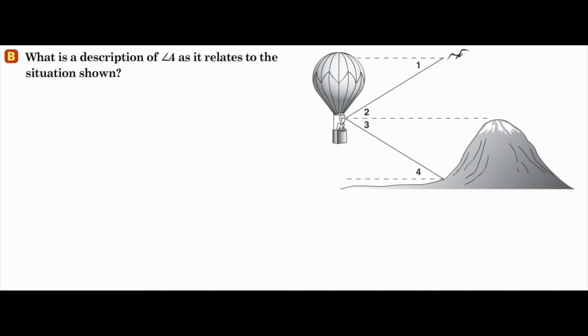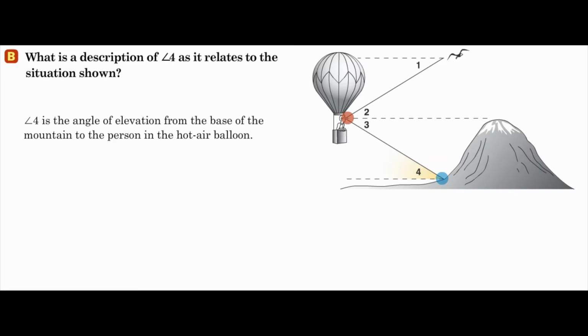Part B. What is a description of angle 4 as it relates to the situation shown? You end up above the vertex, so angle 4 is the angle of elevation from the base of the mountain to the person in the hot air balloon.